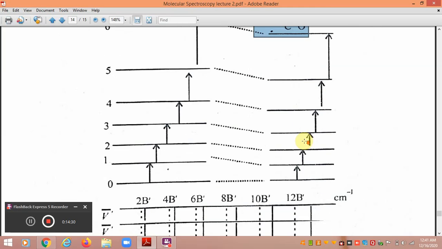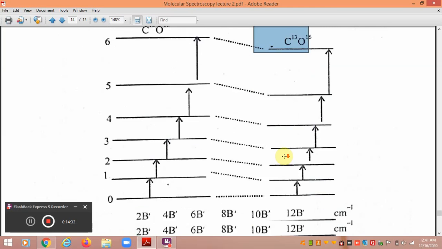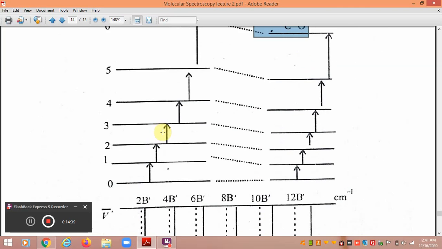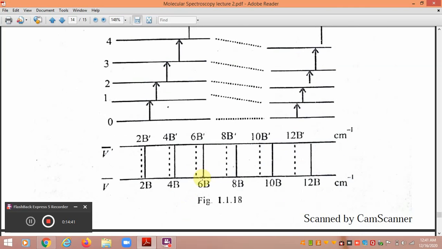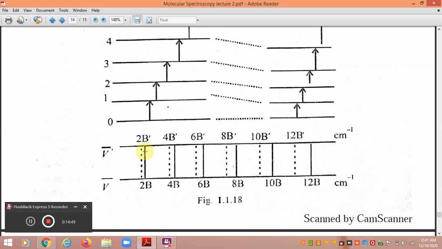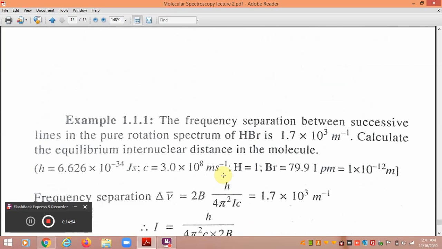Here you can see that the energy difference between the two energy levels goes on decreasing in case of a heavier molecule, and it remains as it is in case of a lighter or the normal molecule. The dotted line indicates the frequency of lines for the isotopic molecule, and the continuous line indicates that for C12. So this is all about it.